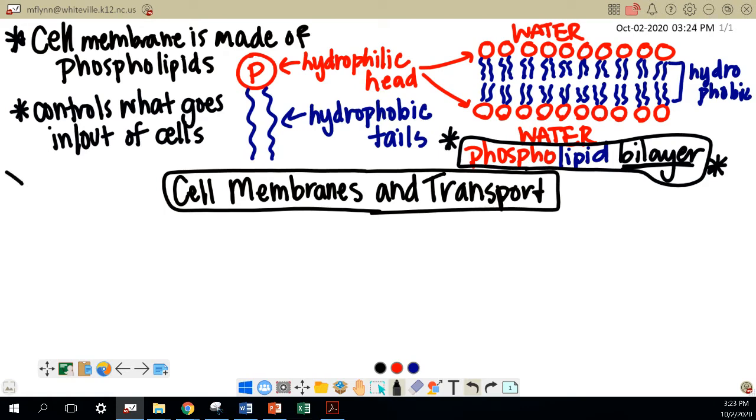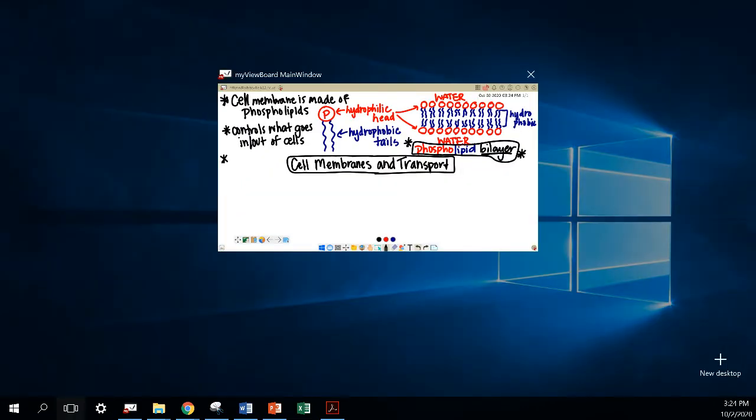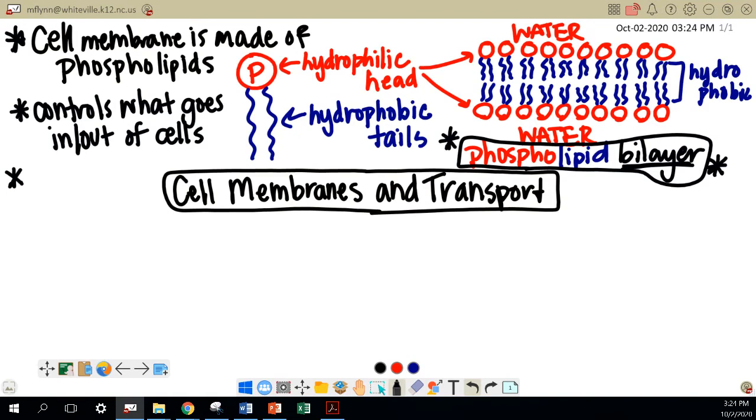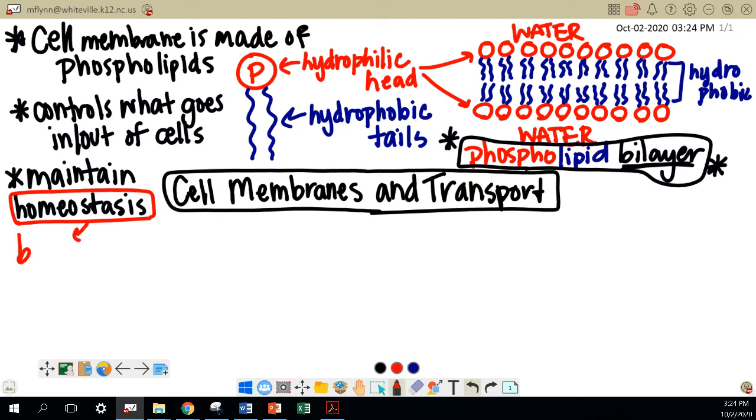So another way of stating they control what goes in and out is that they maintain homeostasis. So what that is, so homeostasis, that is a state of balance. So balance in the cell. So they're able to control what goes in and out to maintain that proper balance in the cell.